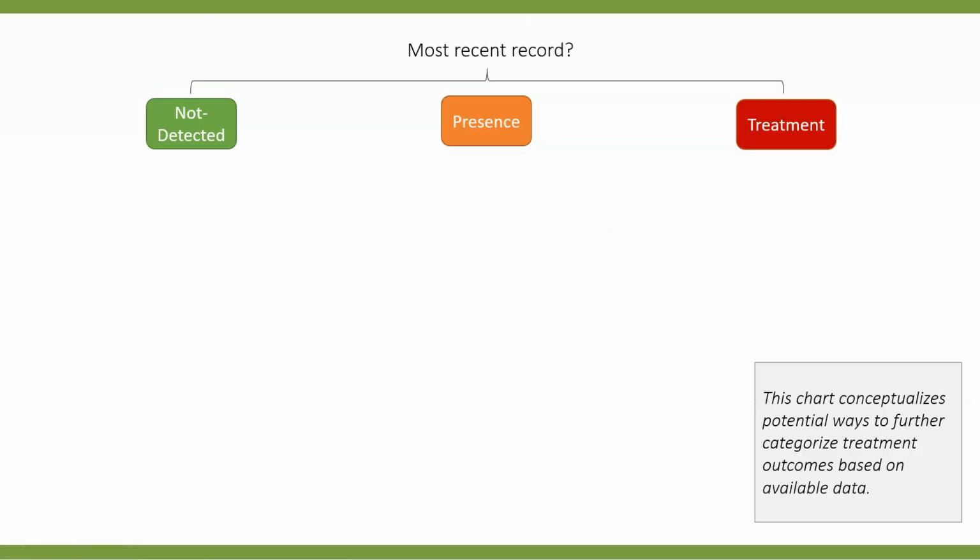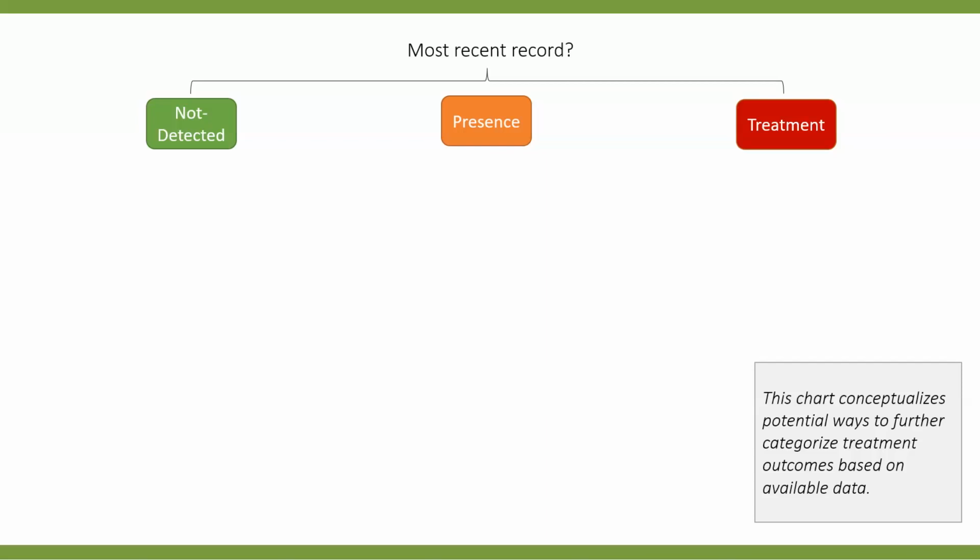The first is not detected. That means there's no invasive plants there. The second is a presence. That means there still are invasive plants there, or it extends to animals as well. And then treatment would be, there's basically no post-treatment data at the moment. So the last thing we know is that you went there and you treated it. But we know that it's a little more complicated than that.